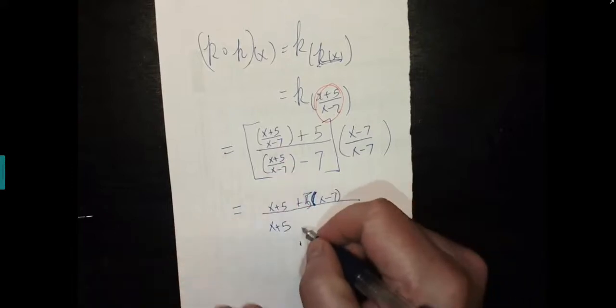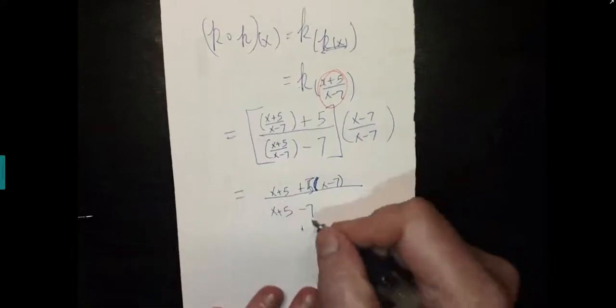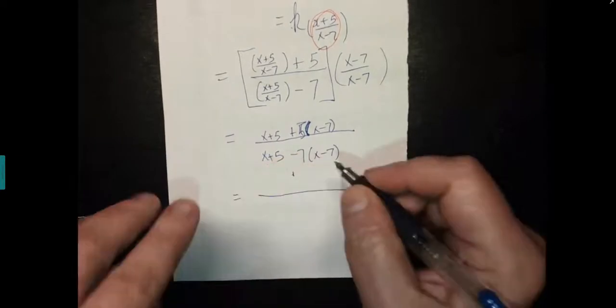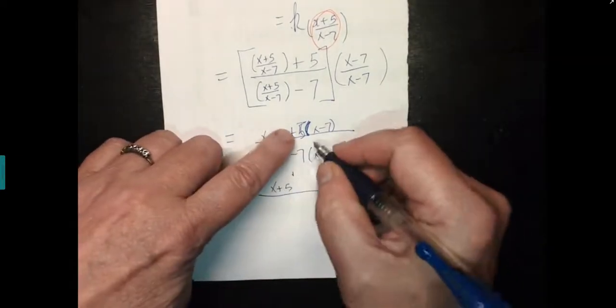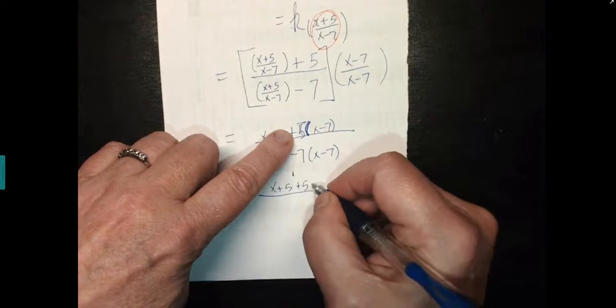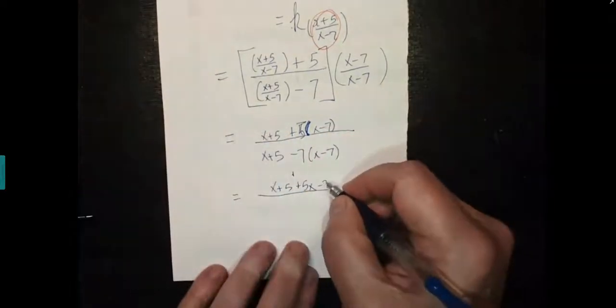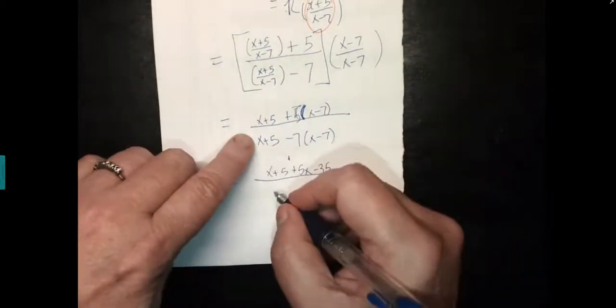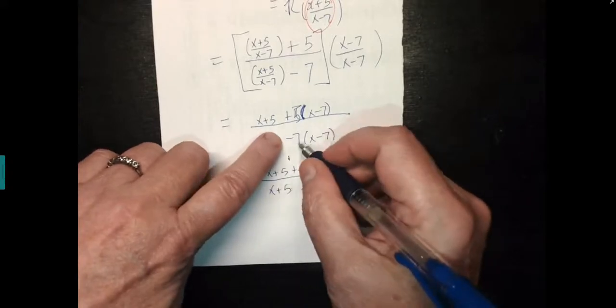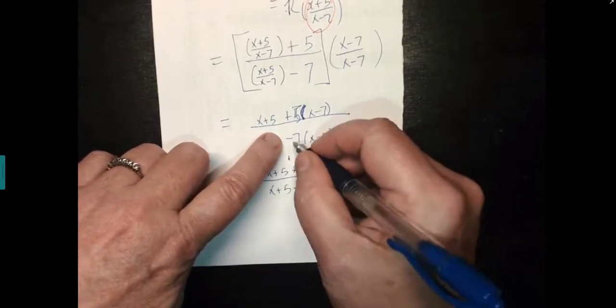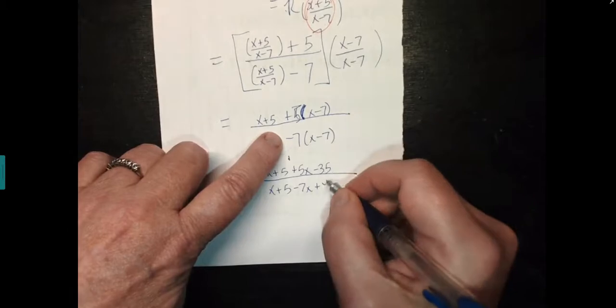And then I have minus 7 times x minus 7. Make sure you put it in parentheses. And so I'm going to get x plus 5, then plus 5x, minus 35 in the numerator. And the denominator, I'm going to get x plus 5 minus 7x, and then plus 49. And then I have to clean that up.